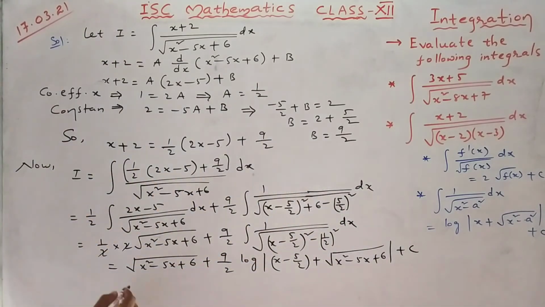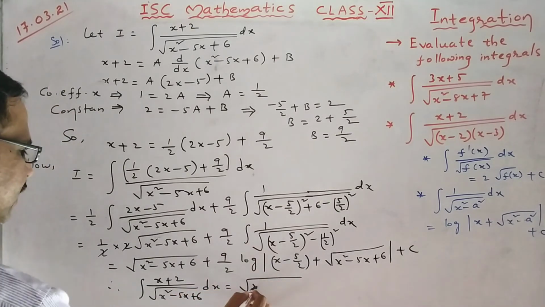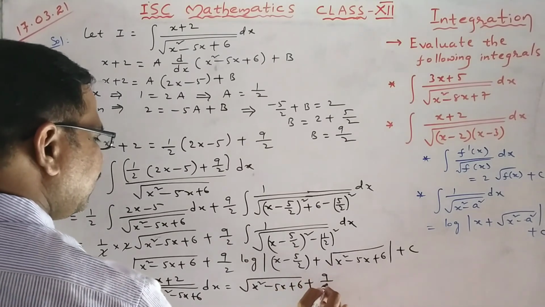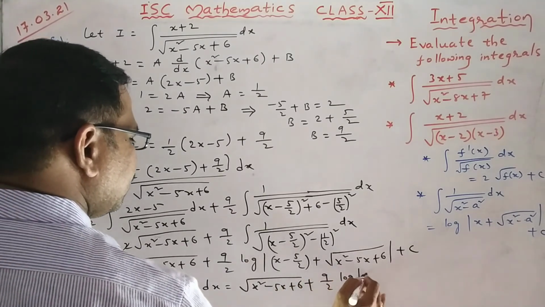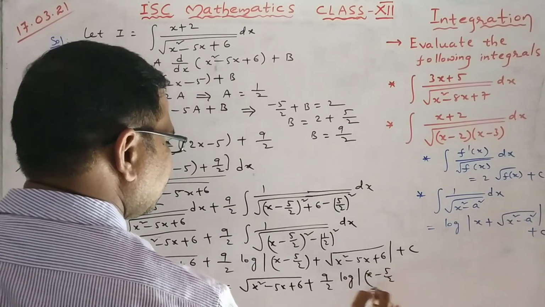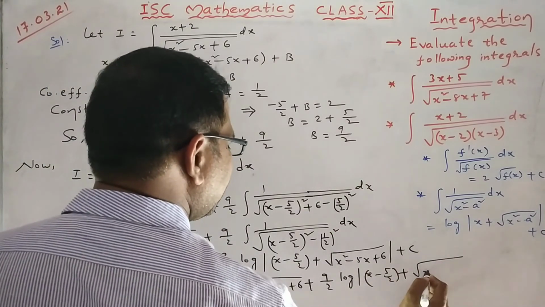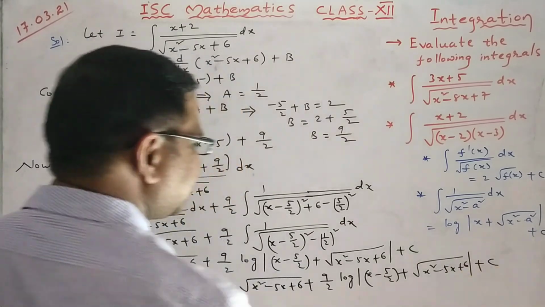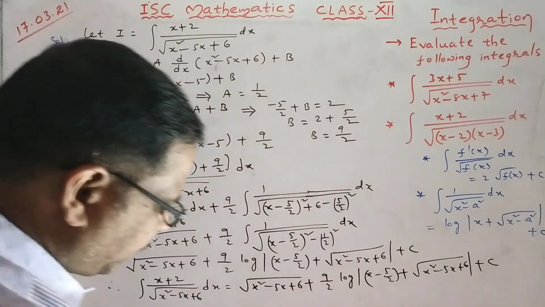So therefore the integral of (x plus 2) by root of x square minus 5x plus 6 dx equals this, which is the final answer. Very, very important problems. Practice carefully. So same model problems have been solved. Practice carefully. Okay? Hope it is clear.